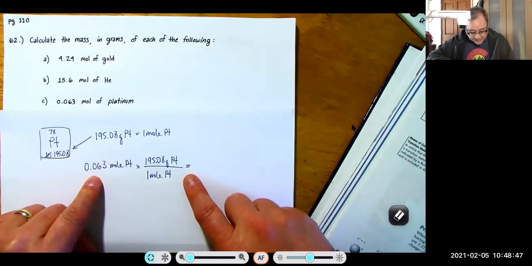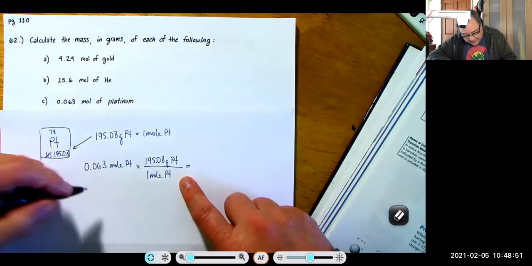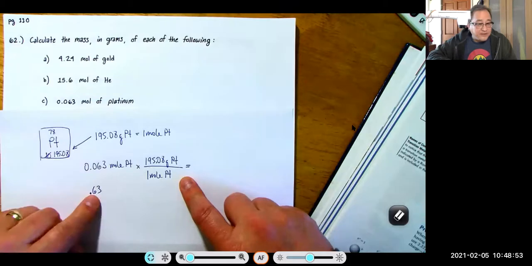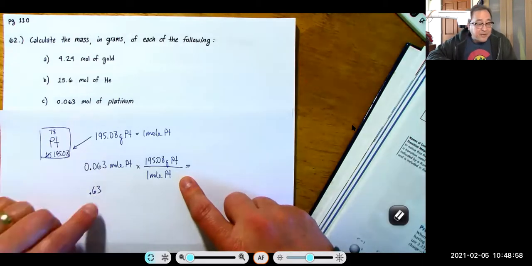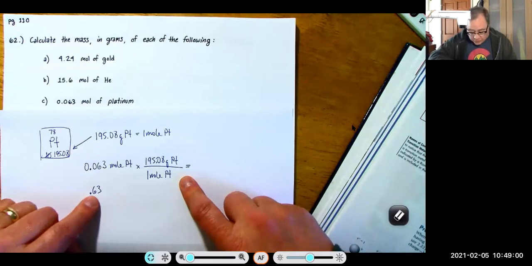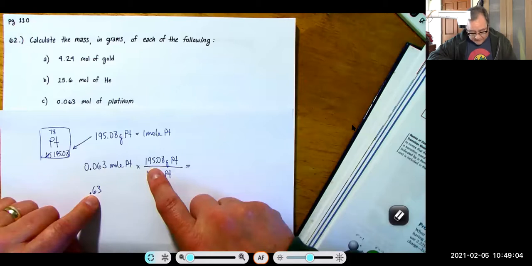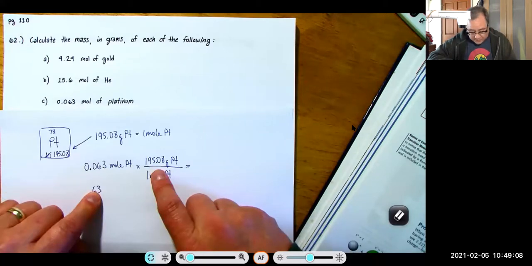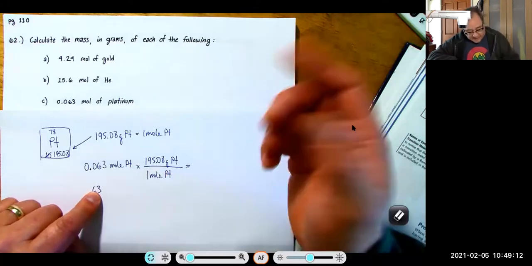The way I would estimate this is to think of it as 0.63, not 0.063. 0.63 is about 2/3, so 2/3 of this is about 120, maybe 125. Since this is actually 10 times smaller, the answer should be more like 12.5. That's what I would expect for the answer.